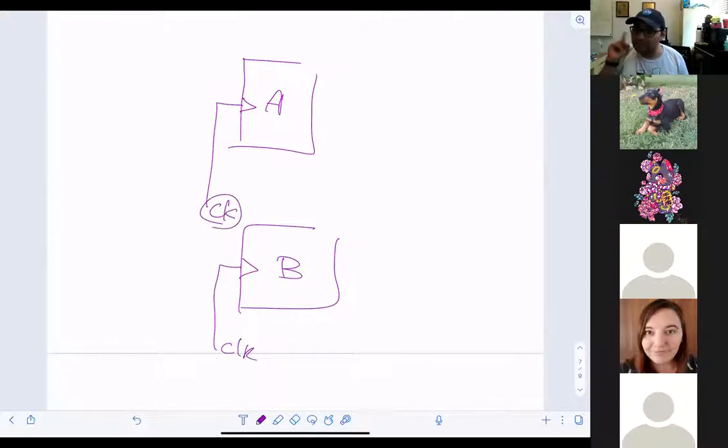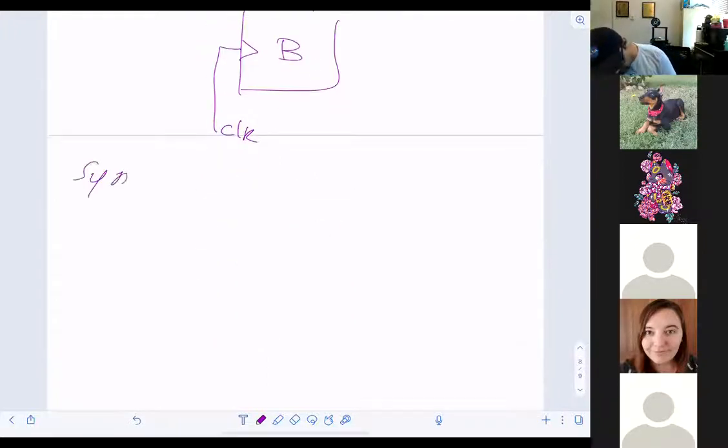That means both of them use the same clock. If the two flip-flops are not reporting on the same clock, that's called asynchronous implementation. But since both of them use the same clock, that means they are reporting at the same time, that's called a synchronized circuit.